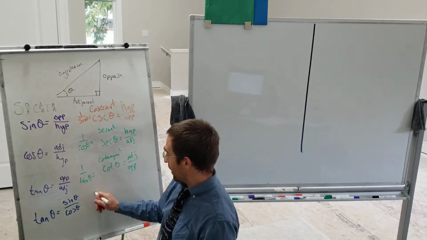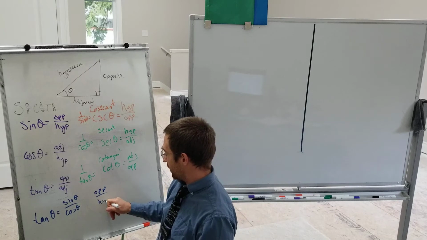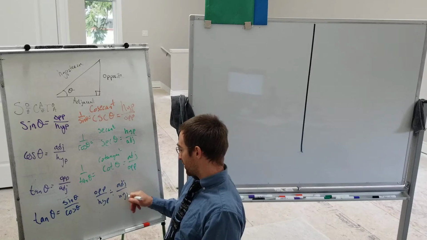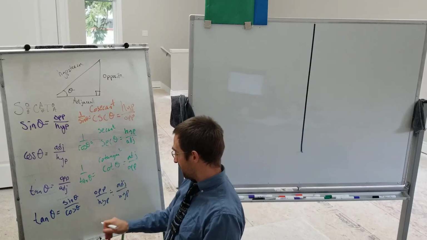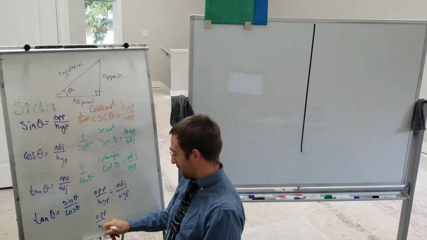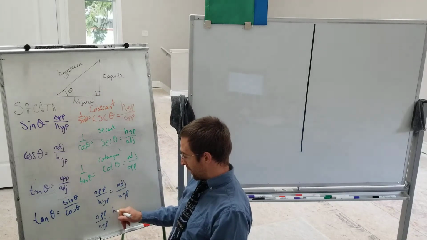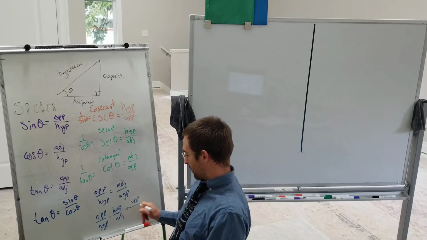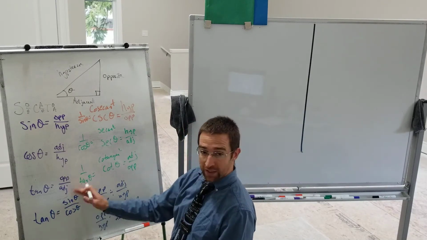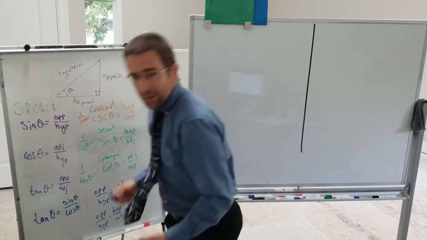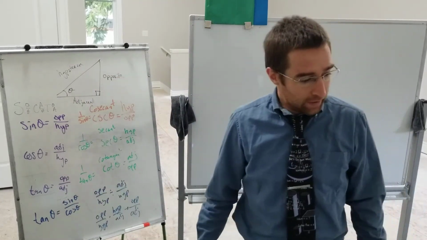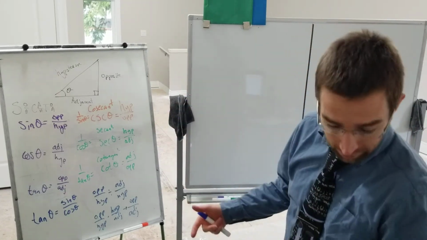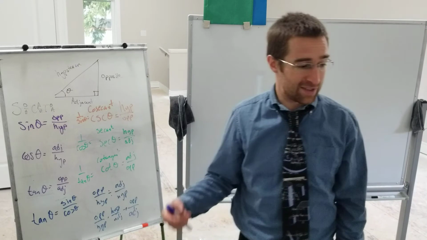If I go opposite over hypotenuse divided by adjacent over hypotenuse, sine divided by cosine, this would be opposite over hypotenuse times, flip and multiply, hypotenuse over adjacent. Opposite over adjacent, right? Tangent is sine divided by cosine. Just something to look at. All right, so we need to know all that stuff for pre-calculus and for your future math classes. You need to know those.